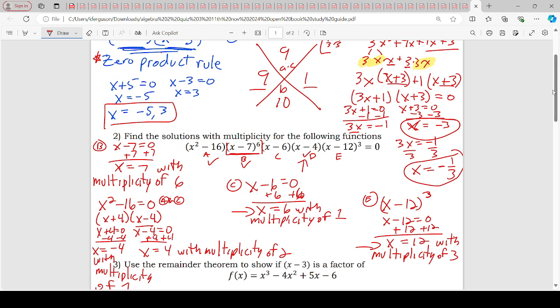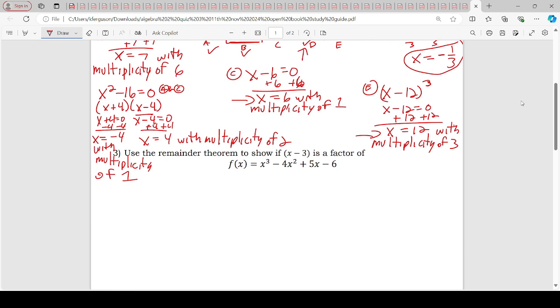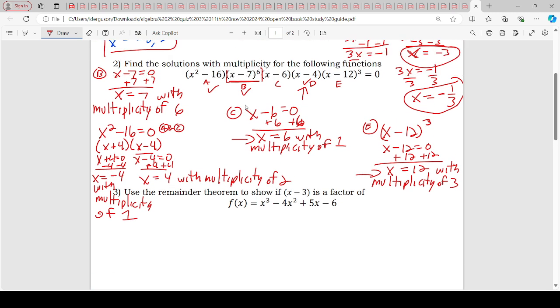Now, if you wanted to, you could say x equals 6 and x equals negative 4, both with multiplicities of 1. I guess you could say that if you were trying to save space, but I think it's a little asinine to do that. So anyway, one more time for the cheap seats. Does anybody have any questions on that?